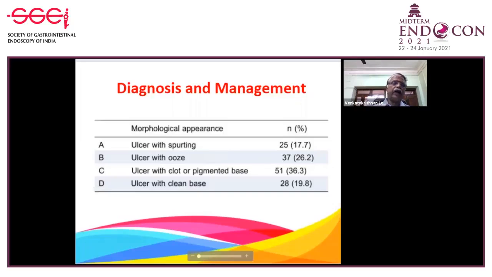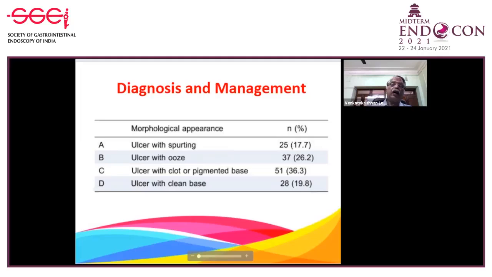In one study from ILBS, published in 2020 by Dr. Kapil Jamwal, they diagnosed post-EVL ulcers by endoscopic appearance. They classified these ulcers as type A, ulcer with spurting; type B, ulcer with ooze; type C, ulcer with clot or pigmented base; and type D, ulcer with a clean base.